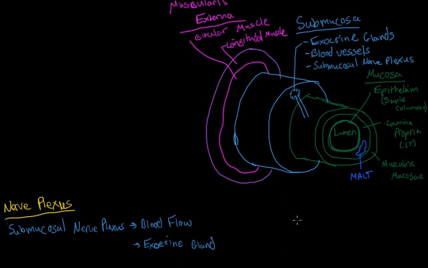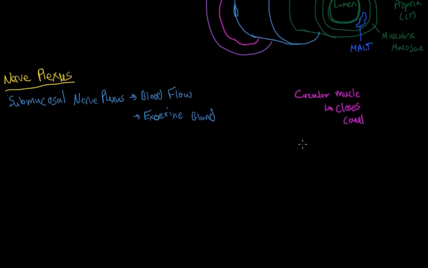So we have circular muscle, this closes the canal, and then longitudinal muscle shortens the canal, and together these are going to create peristalsis.